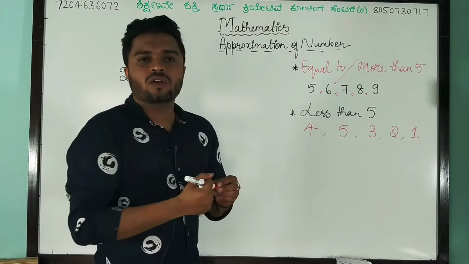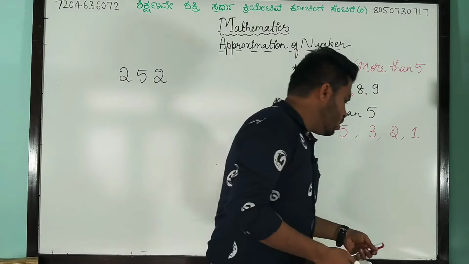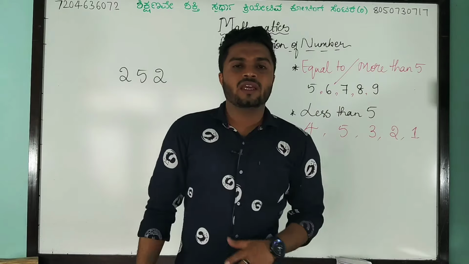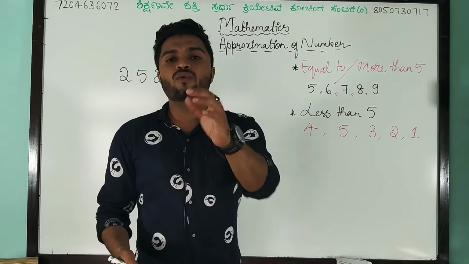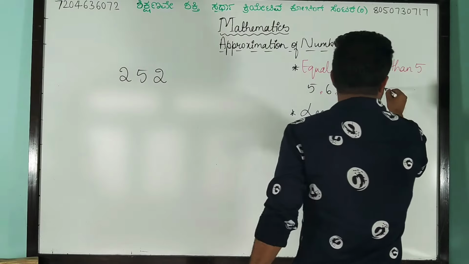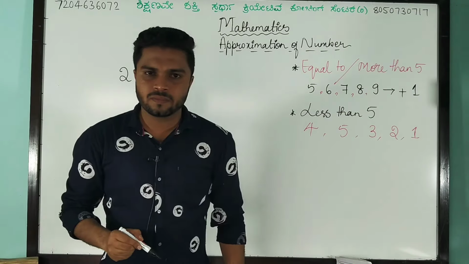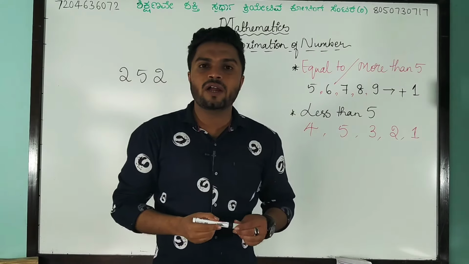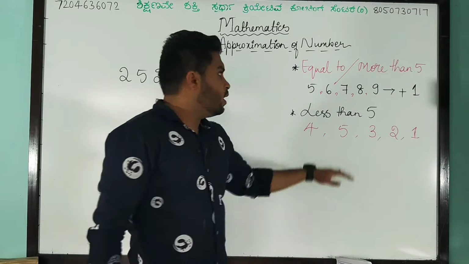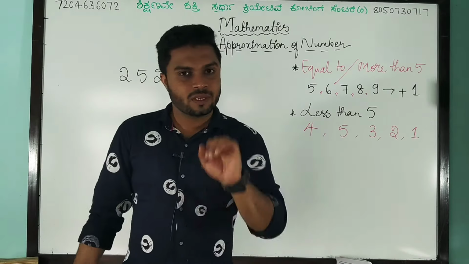What is this, equal to 5 or more than 5, or less than 5, that I have written on the board? What is the actual process? Students, if you get equal to 5 or more than 5, you are going to add one number to the next digit.